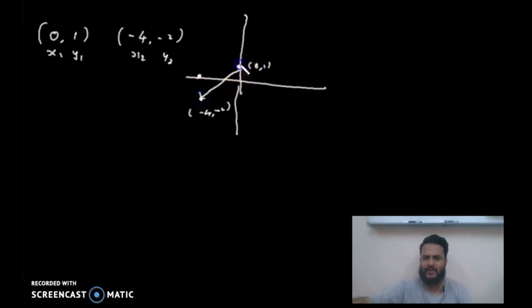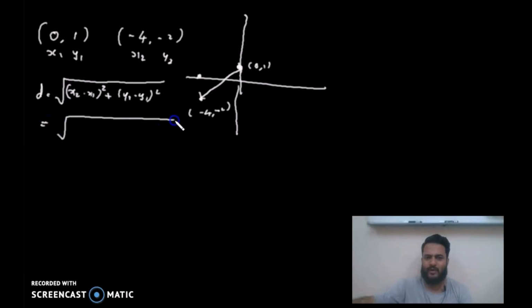We have to find this distance. So write the rule for this. d is equal to square root of (x2 minus x1) whole power 2 plus (y2 minus y1) whole power 2, which is square root of (minus 4 minus 0) whole power 2 plus (minus 2 minus 1) whole square.